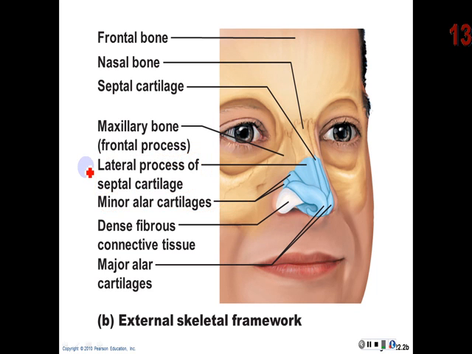Here, we see the major alar cartilages. Those get sculpted by plastic surgeons quite a lot. And in the middle, you can't see much but the top edge of it.